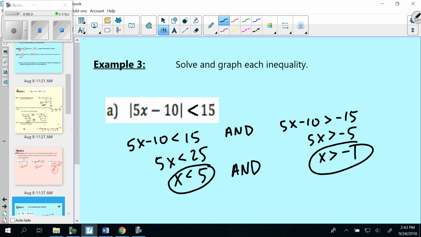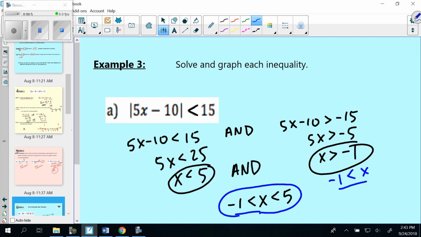So we could link this up into a compound inequality that x has to be less than 5 and also greater than negative 1. If we were just to switch these two things around on the second one, where it's pointing at the negative 1, notice how that is saying the same thing. So this compound inequality says all the numbers less than 5 and greater than negative 1.